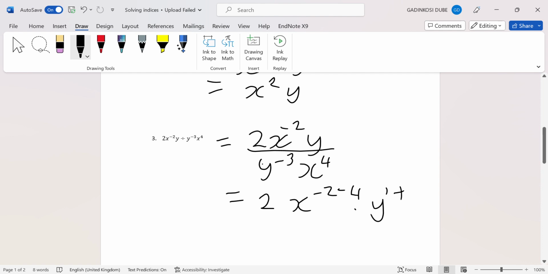What are we going to get? It's plus 3. That's how it's going to be.